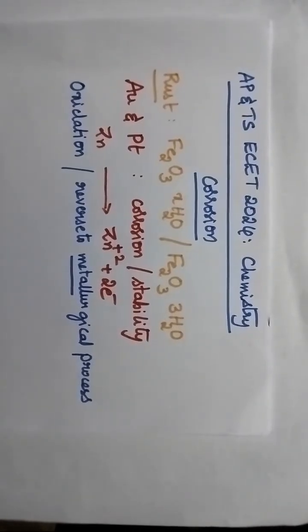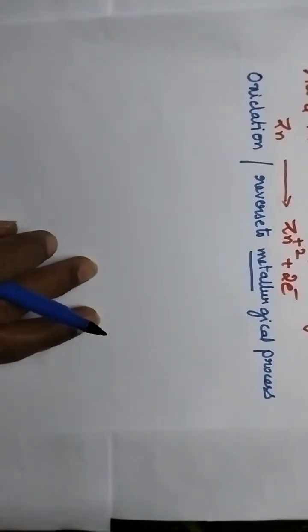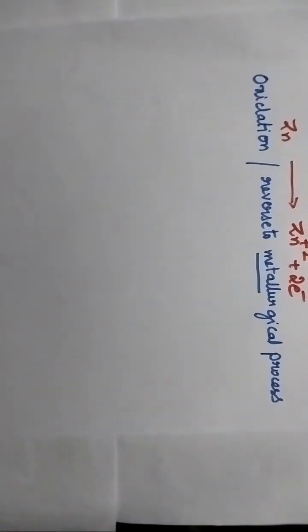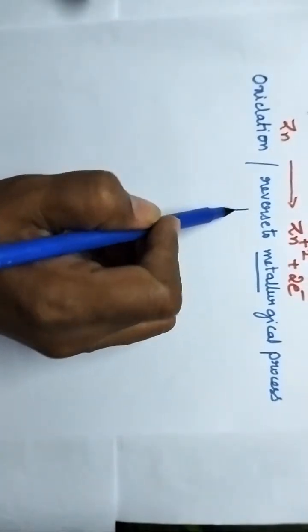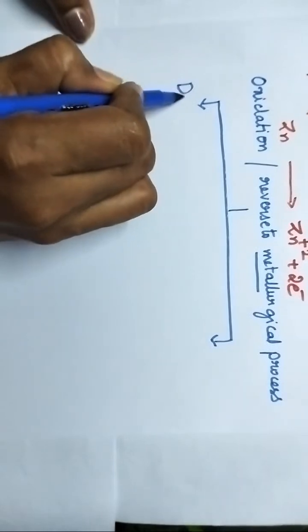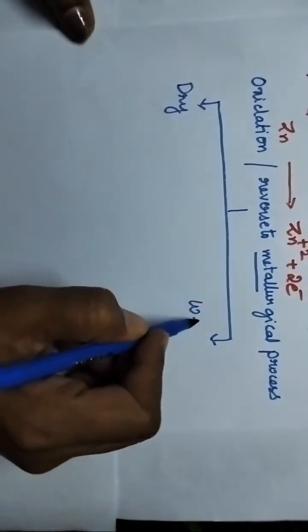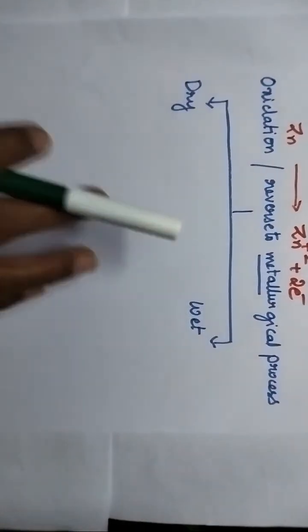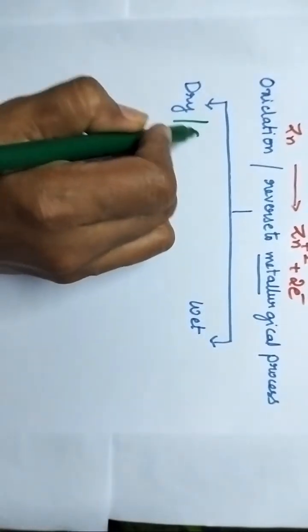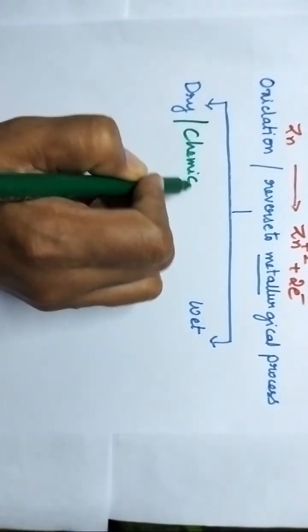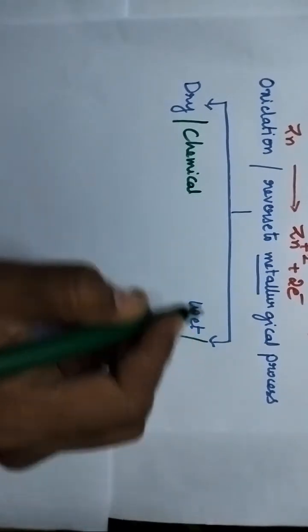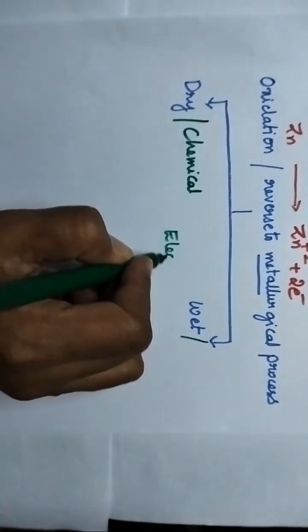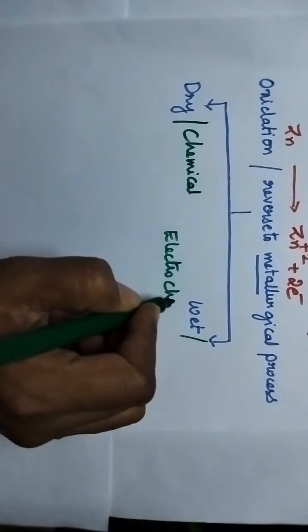Generally, corrosion can be classified into two major categories, namely dry corrosion and wet corrosion. Dry corrosion is also known as chemical corrosion, whereas wet corrosion can also be called electrochemical corrosion.